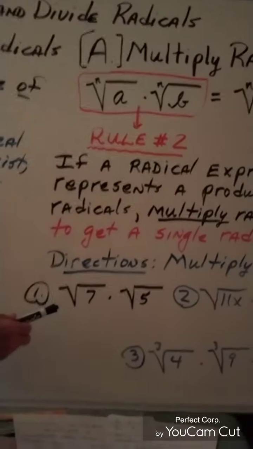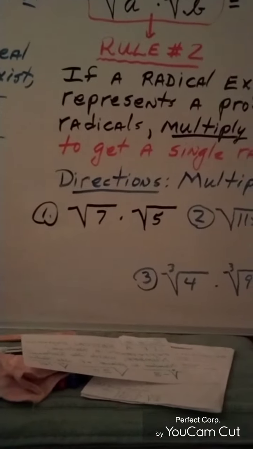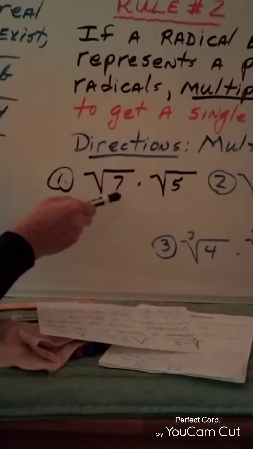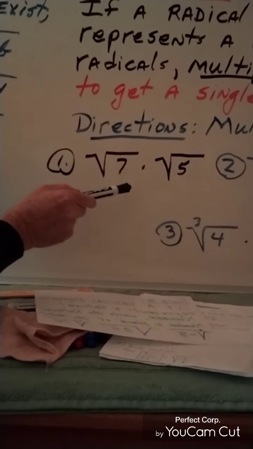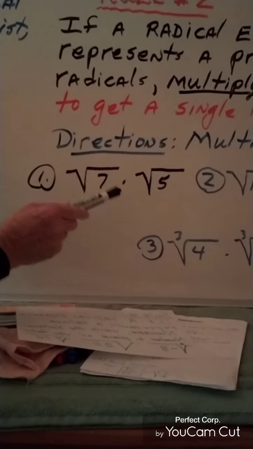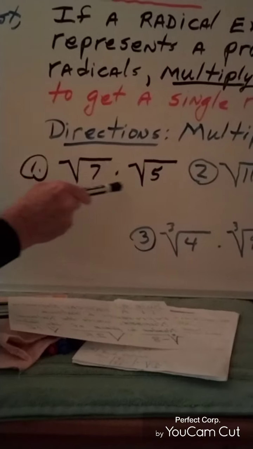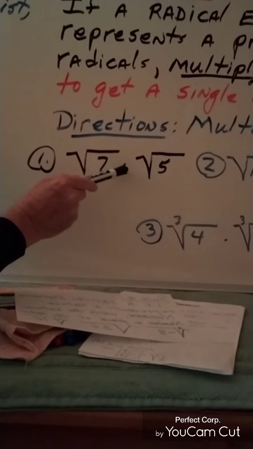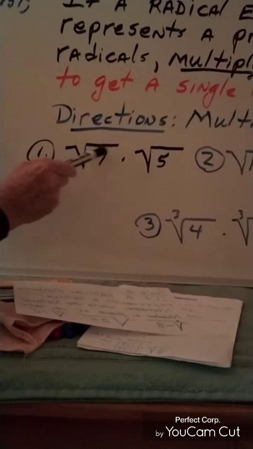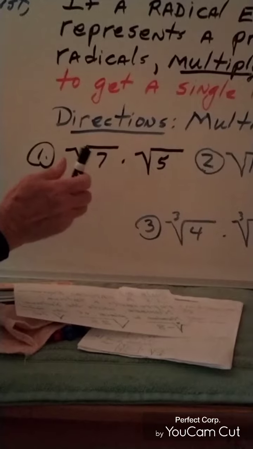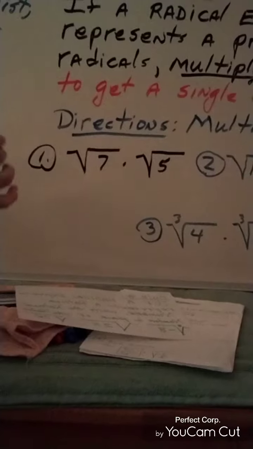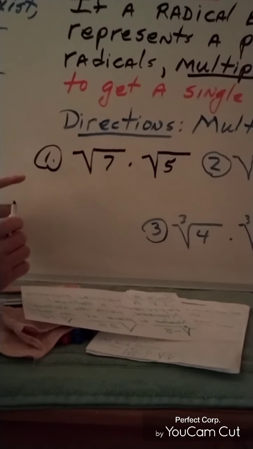We're going to come down here on problems 1, 2, and 3, and we're going to follow rule number 2. Let me state that rule as I kind of point to number 1. I want to make sure that this digests well. If a radical expression represents a product of radicals, we multiply the two radicals together to get a single radical. So what do you simply do? I'll kind of show all the steps on number 1.